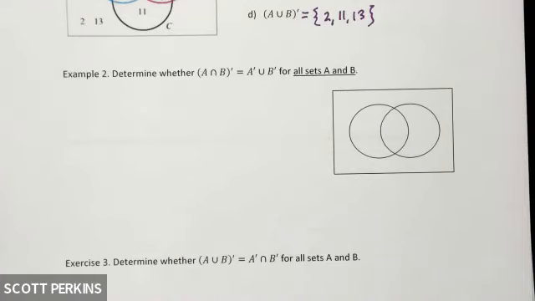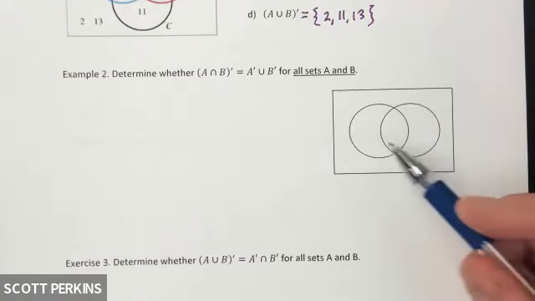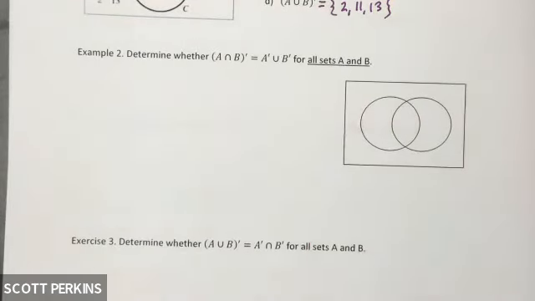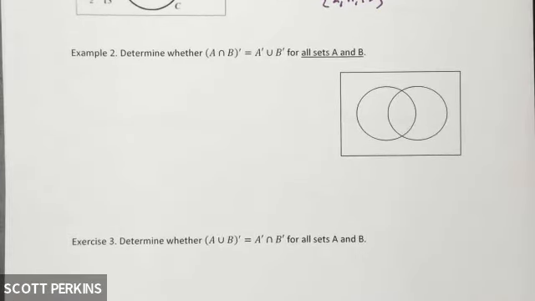I want to know, no matter what elements I have in what regions of this Venn diagram, is this relationship always true or not always true? So we need a way to do this. And the process is just going to be, can you identify what the different regions mean? That's the whole process.